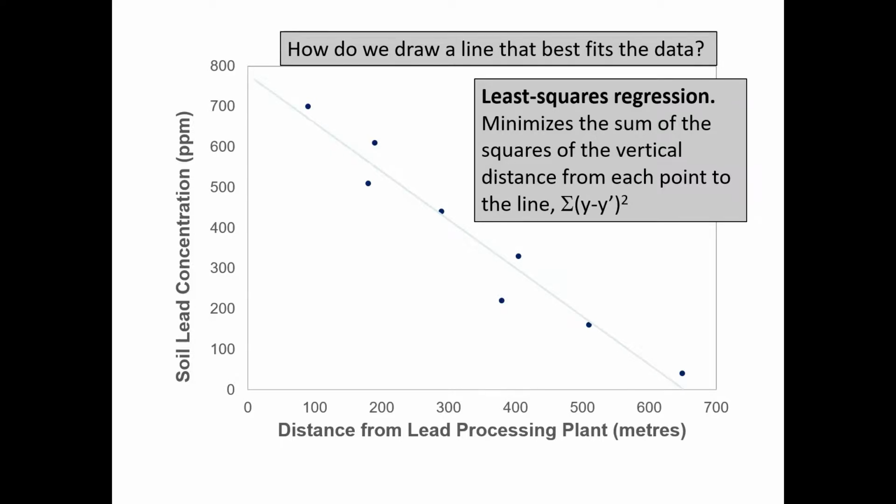We call this the least squares regression. In the figure here, the red lines represent the residuals from each x value. The fitted line here minimizes the sum of the squared residuals.